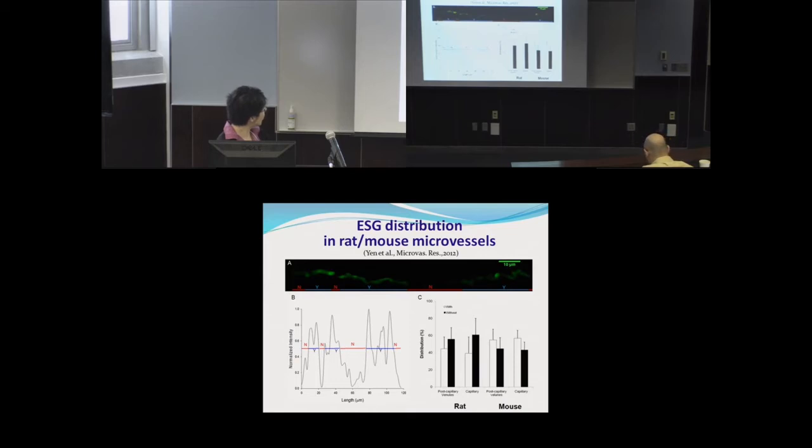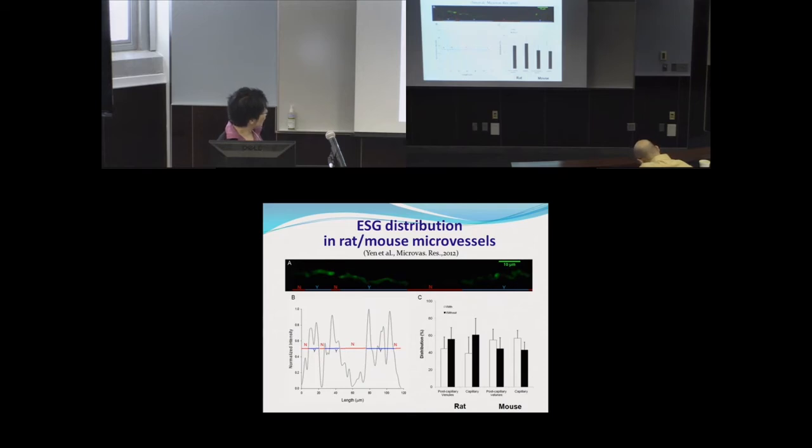If the average normalized intensity in a segment is less than 0.2, we define the surface glycocalyx as negligible. If it's about 0.5, then we see you have significant surface glycocalyx.